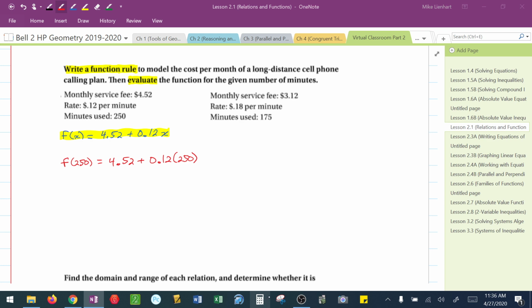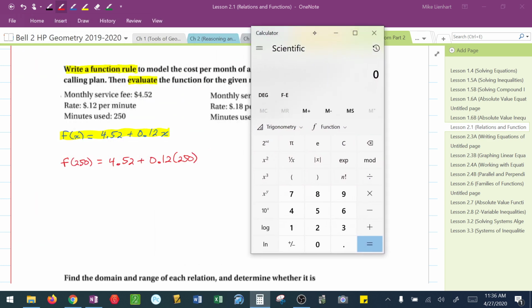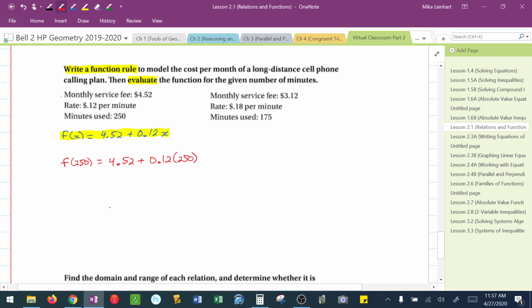I'm going to grab my handy dandy calculator here. I don't trust my calculator, so I'm going to type in 0.12 times 250 and then add to that 4.52. I want to tell my calculator the order of operations, and I get $34.52.